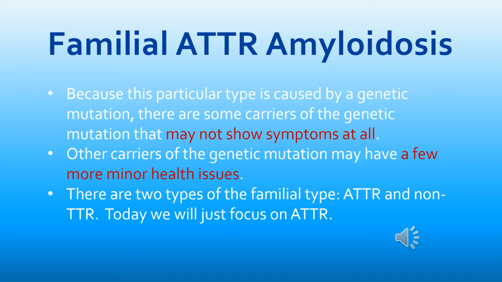Now, because this particular type of amyloidosis is caused by TTR, there are some people that will carry this genetic mutation that will not have symptoms at all, but yet they'll pass it on to a family member later on that will have problems. Then there are other people that are carriers of the genetic mutation that'll just have a few minor health issues.